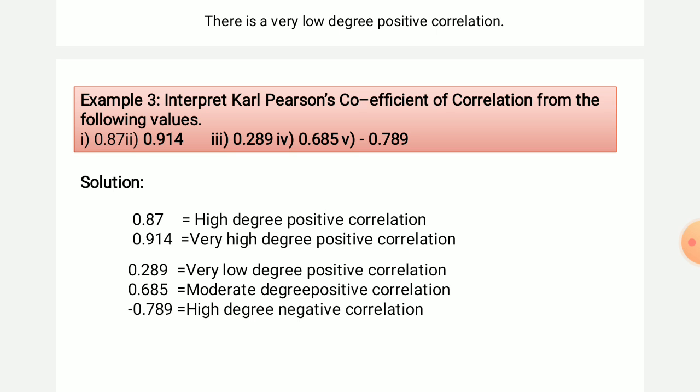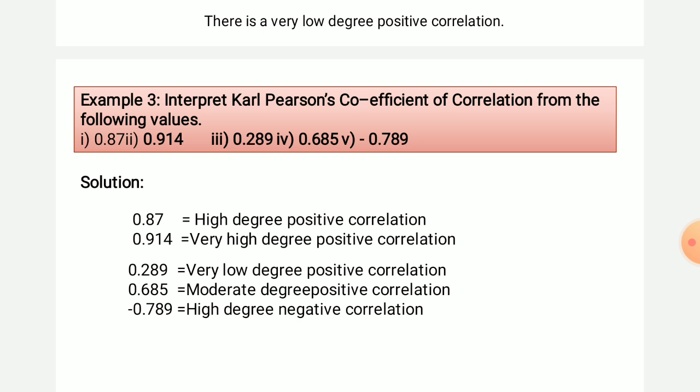0.87 is called high degree positive correlation, because there is a plus sign. If there is no sign in that figure, we understand that there is a plus. So when there is a plus sign, we say positive correlation.